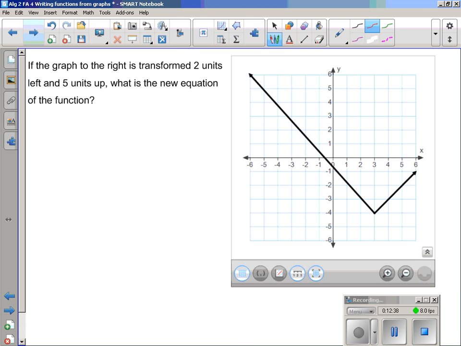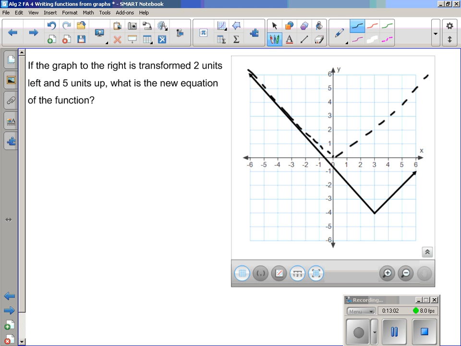Okay, I think I got one more example. If the graph to the right is transformed 2 units left and 5 units up, what is the new equation of the function? Notice this function is already transformed. The parent function for this is just a v centered at 0, 0.